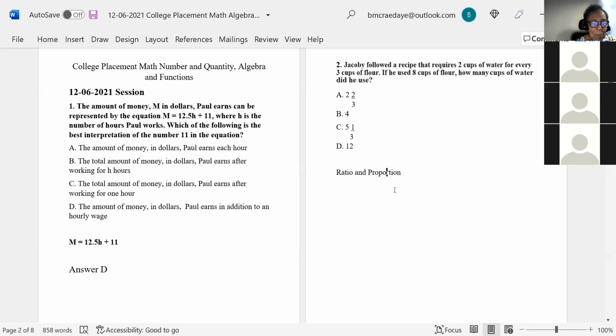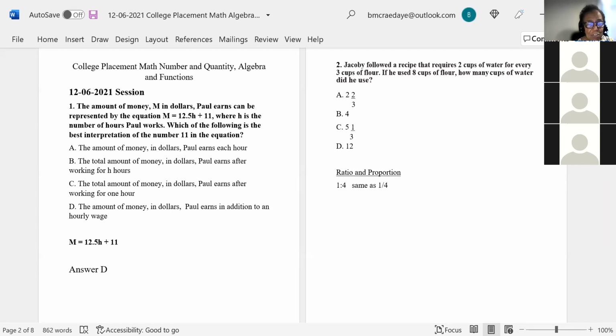Okay, ratio and proportion. Now, ratio is just a fraction, right? You can write it as a fraction, or you could write it with a colon, like 1 colon 4, and that's the same as 1/4. That's the ratio.